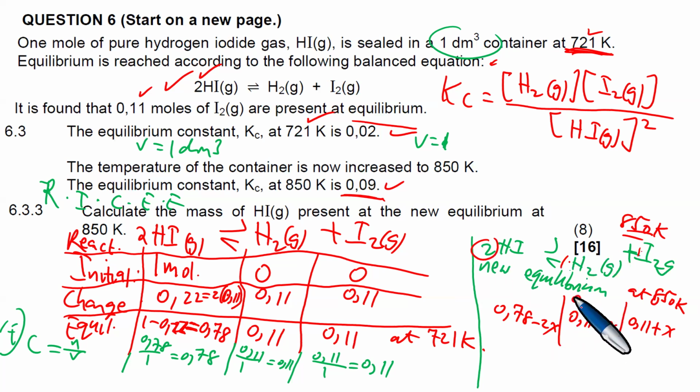As I said, you can say 0.11 plus 1x, which is the same as 0.11 plus x. The 0.78, we minus 2x, because why? Because when the right increases, the left decreases.